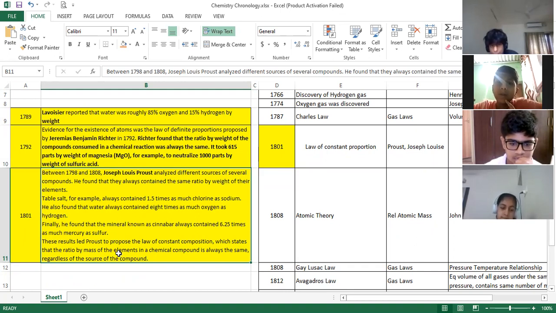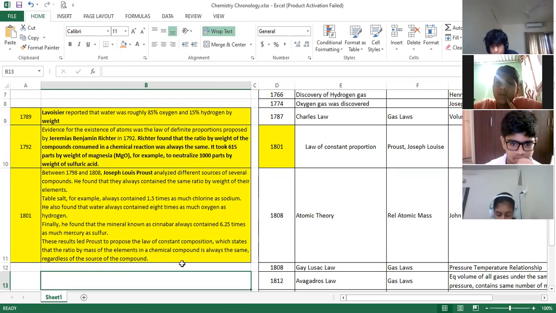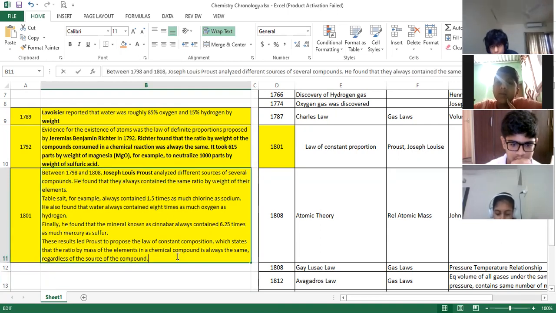Finally, he found that the mineral known as cinnabar always contains 6.25 times as much mercury as sulfur. These results led Proust to propose the law of constant composition, which states that the ratio by mass of the elements in a chemical compound is always the same, regardless of the source of the compound.